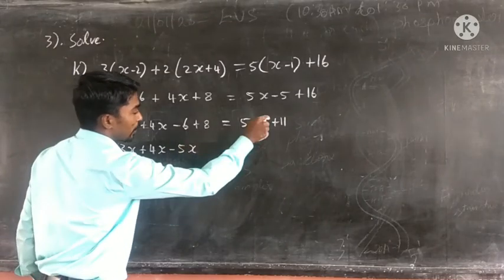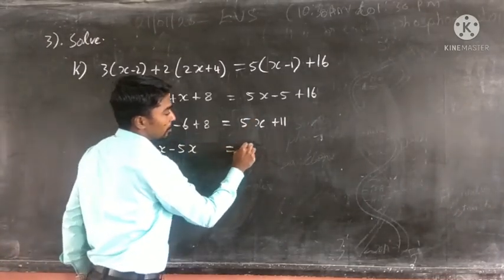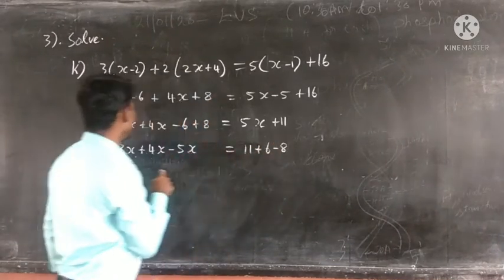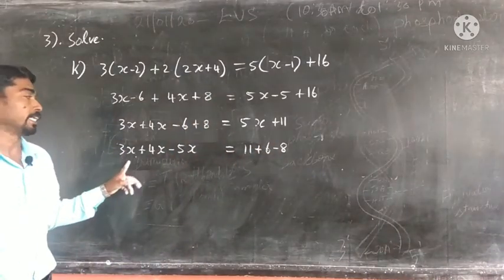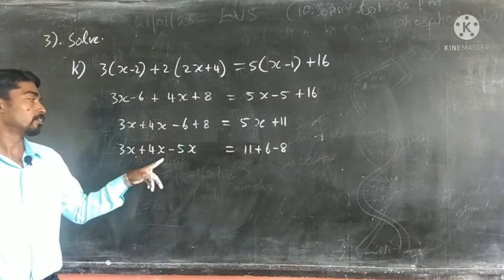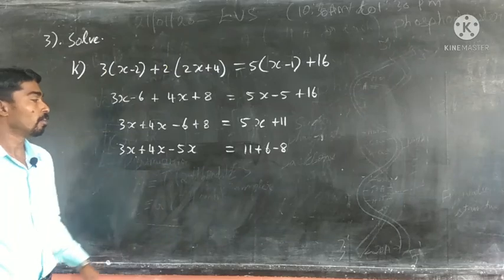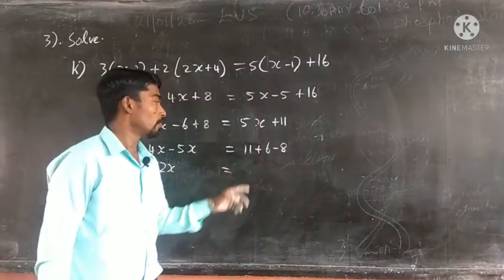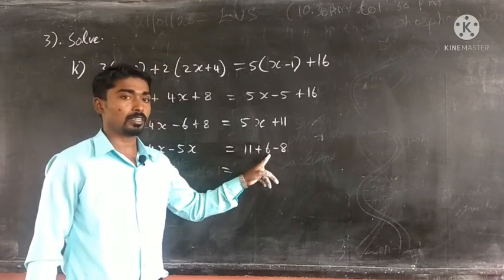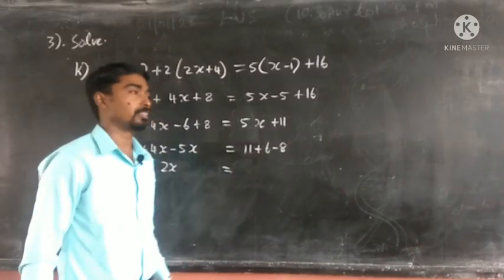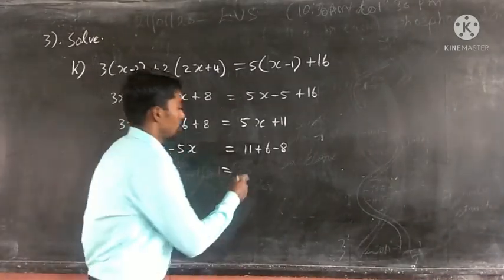These remaining values we take to the other side, it will be 11 plus 6 minus 8. Add 3x plus 4x is 7x. 7x minus 5x is 2x is equal to 11 plus 6 is 17. 17 minus 8 is 9.